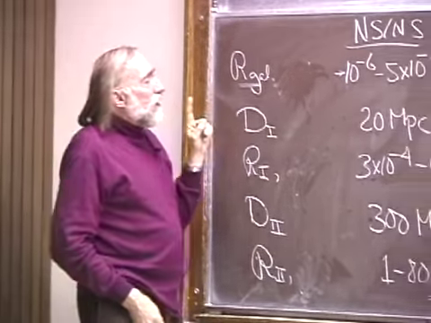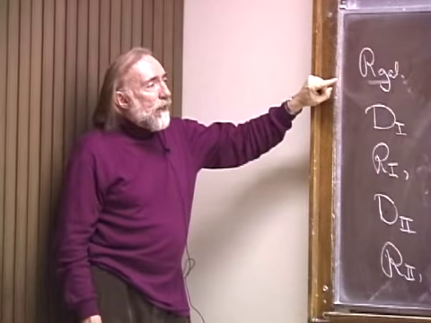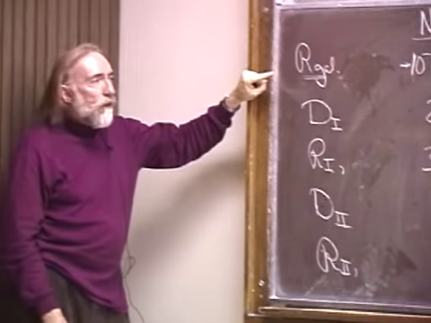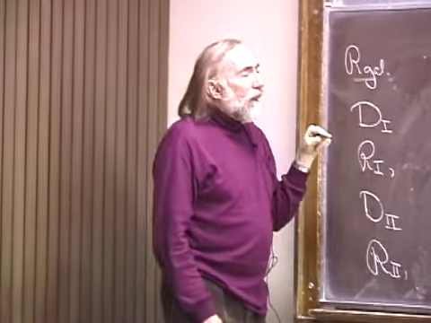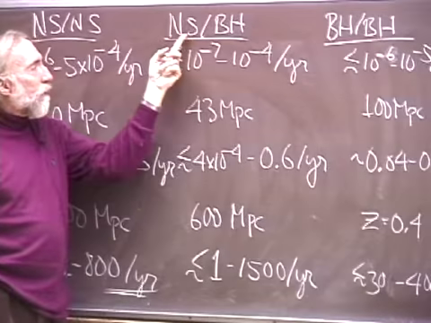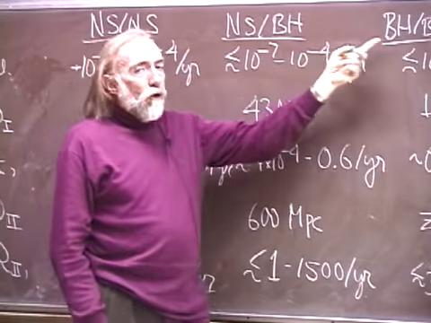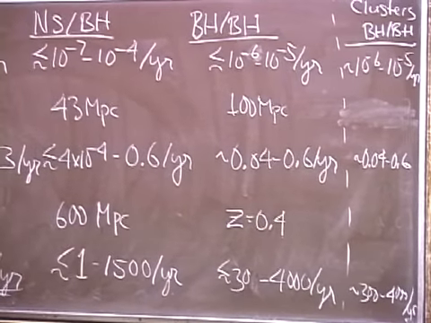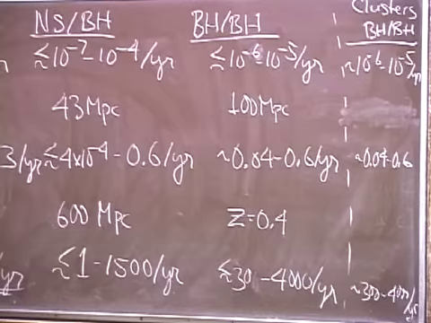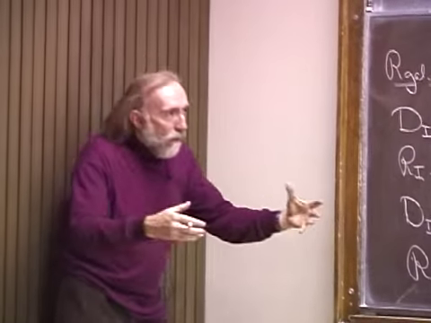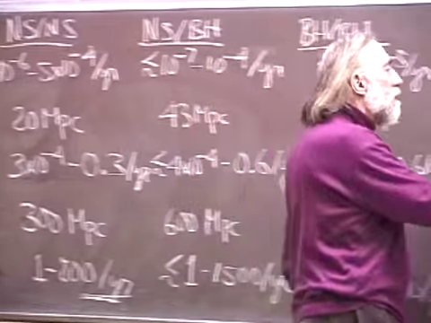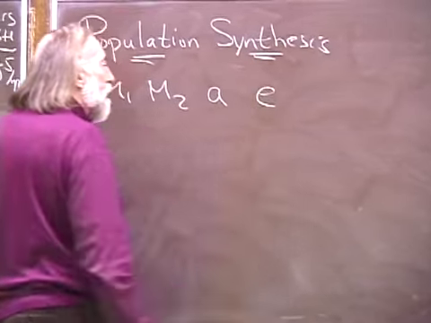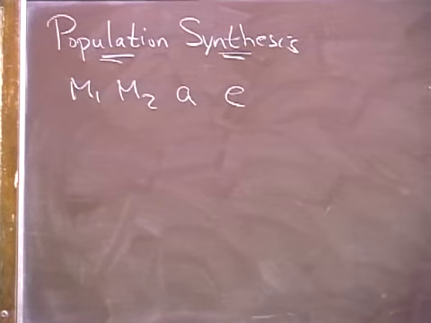And so you look at these main sequence binaries, things that are young enough that they're still burning hydrogen in their core. You look at the statistics of them. And some of these are progenitors that ultimately, when they die, will make neutron star black hole binaries or black hole binaries. And so you build yourself a huge Monte Carlo simulation where you say, this is my best understanding of the distributions of the masses, M1 and M2, the separations, the eccentricities of these main sequence binaries.